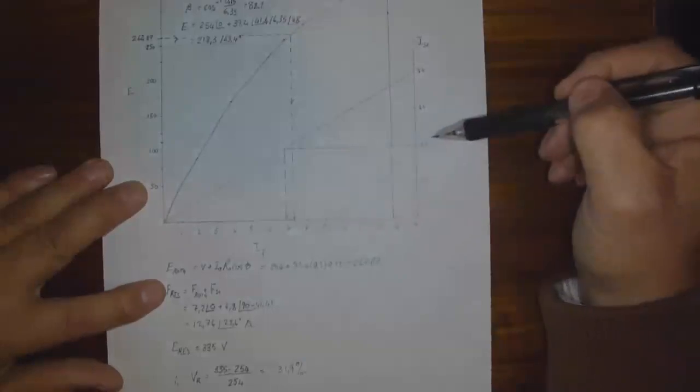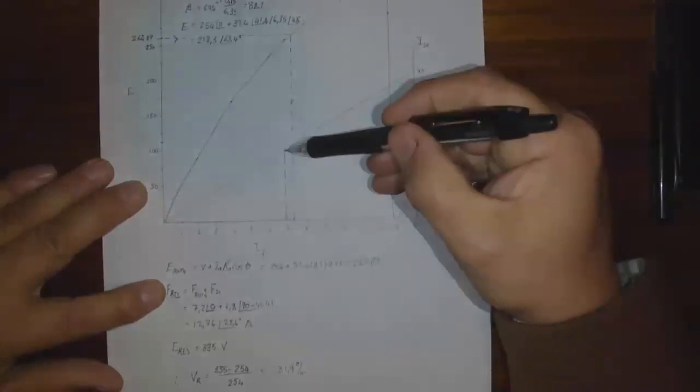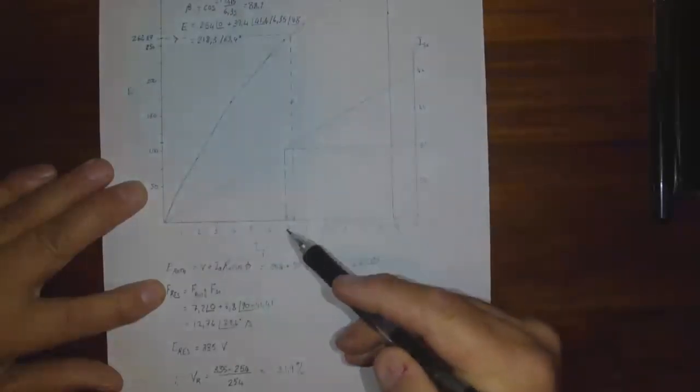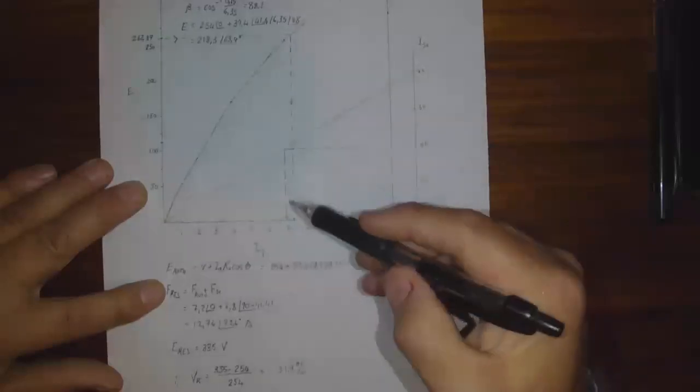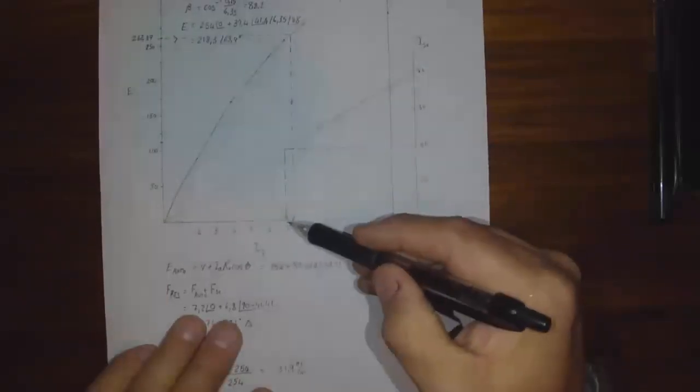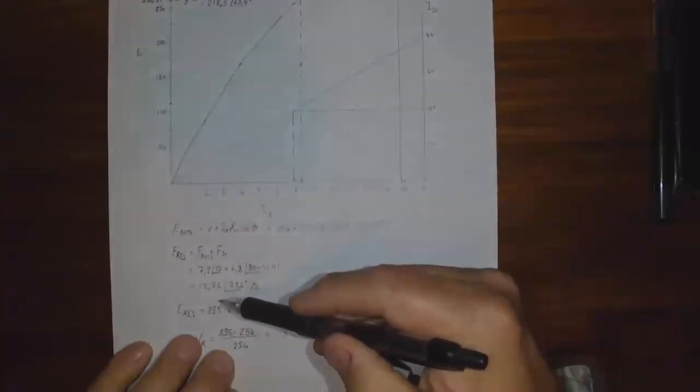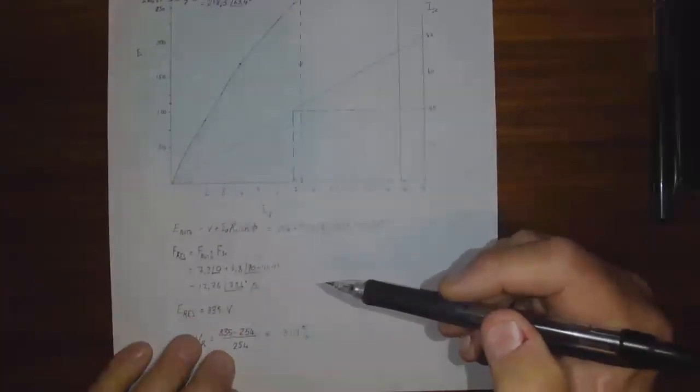And the short circuit at 40 amp, you go across and down so that you find what excitation is necessary to give you 40 amps. That was 6.8. So you add the two and you get 12.76 at an angle. We don't worry about the angle.